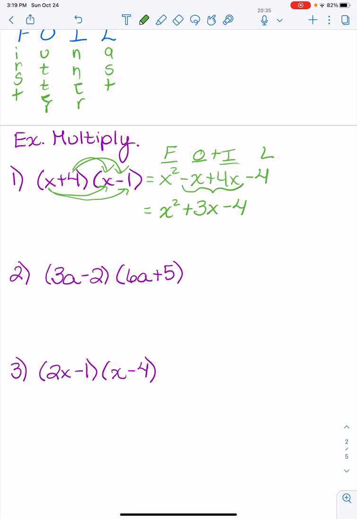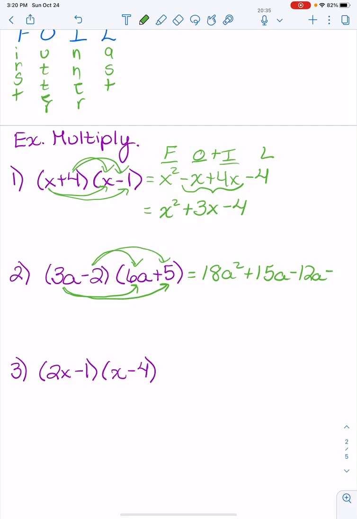All right, let's do the next one. 3a times 6a, 18a squared. 3a times 5 is plus 15a. -2 times 6a is -12a. And -2 times 5 is -10.